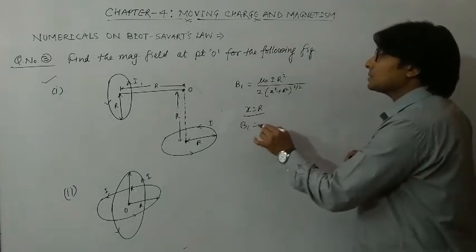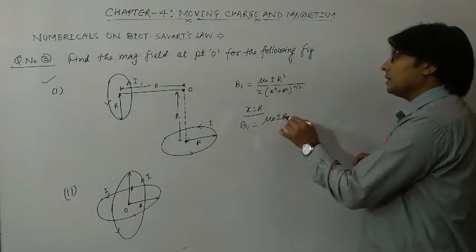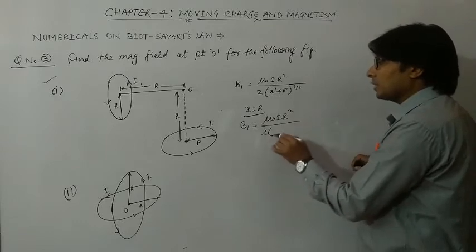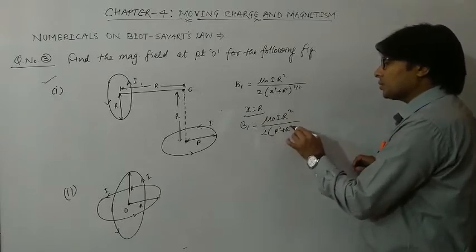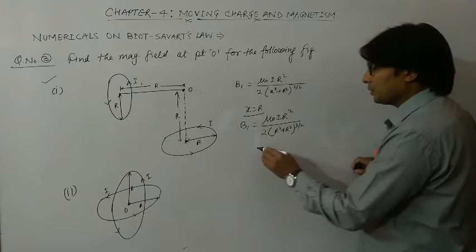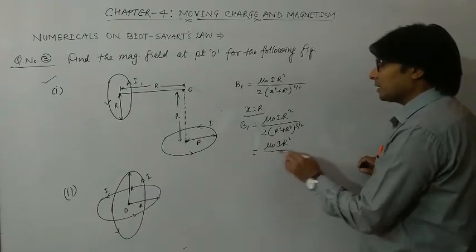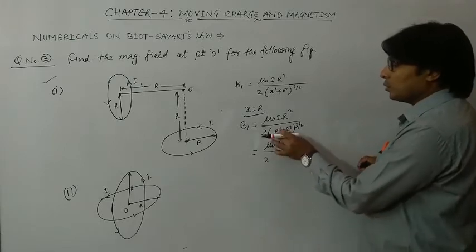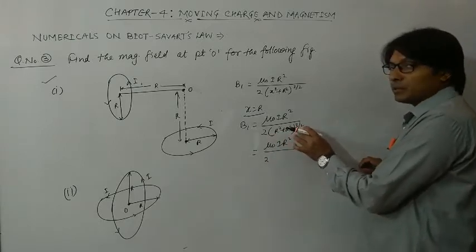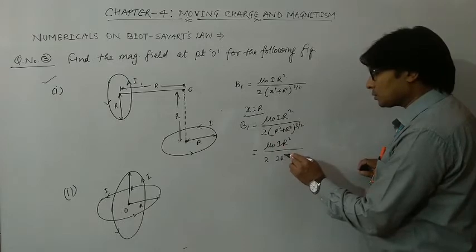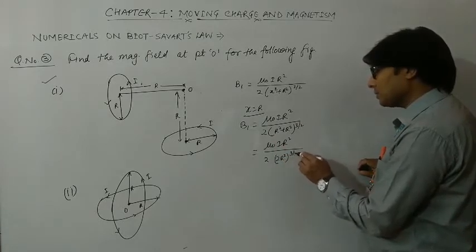So B1 becomes mu 0 I r square upon 2 times (r square plus r square) raised to the power 3 by 2. And on solving this, mu 0 I r square upon 2 times (2 r square) raised to the power 3 by 2.